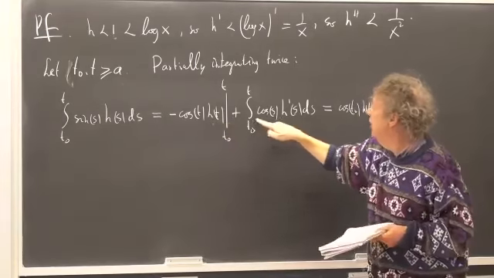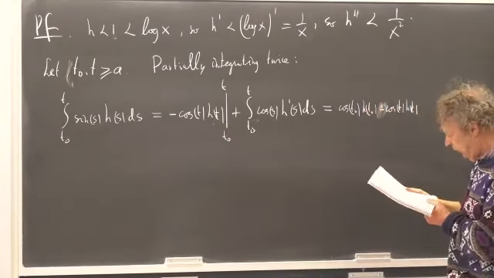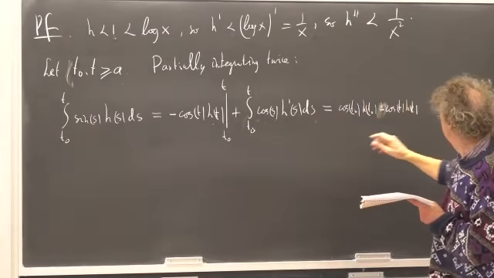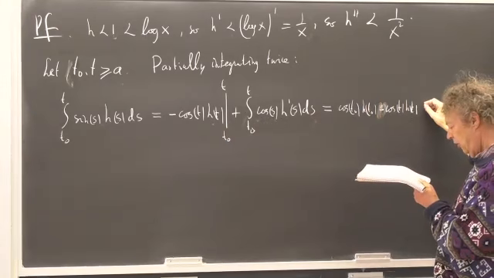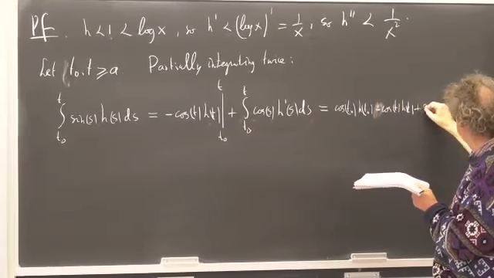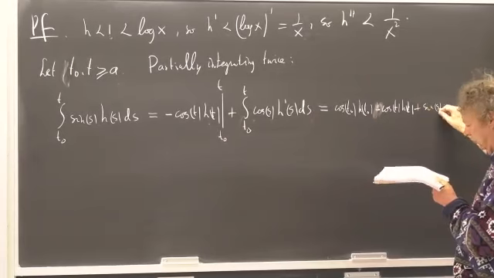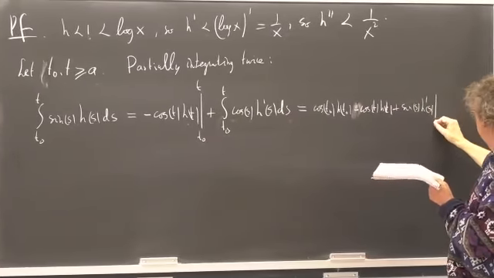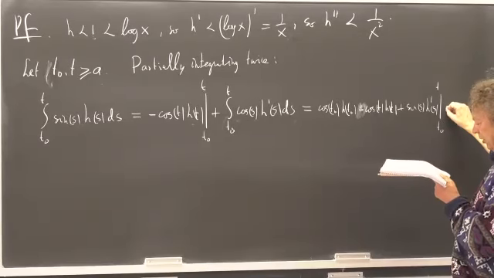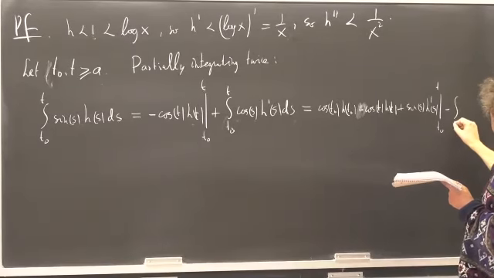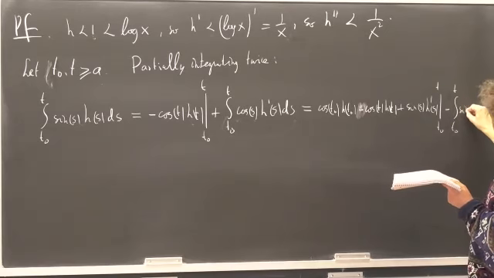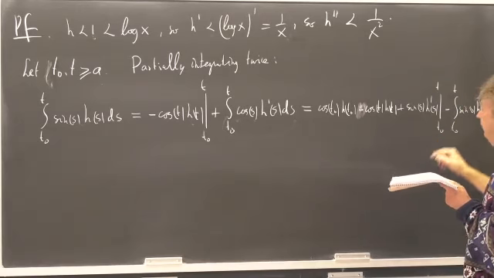That's what this is. And now we integrate this again partially. So we get plus sine s h prime(s) between the bounds t0 and t, minus the integral from t0 to t of sine s h double prime(s) ds.